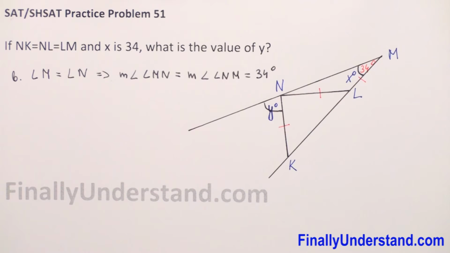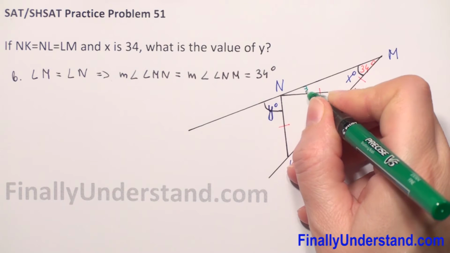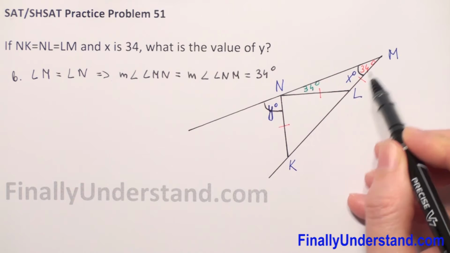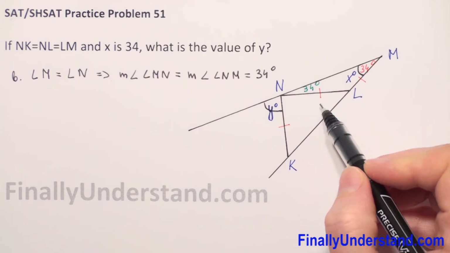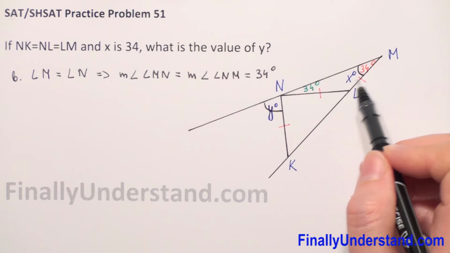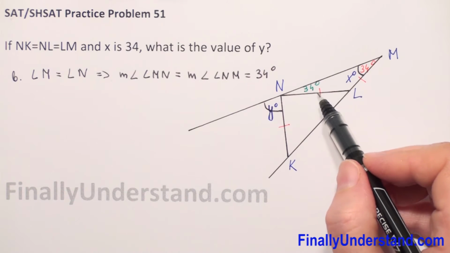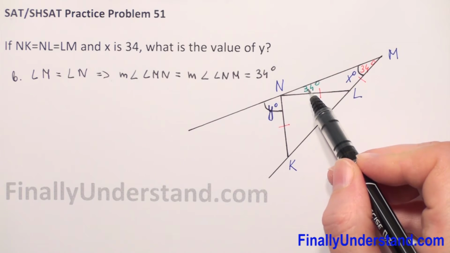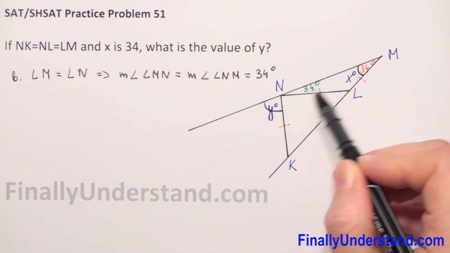So we have that this angle is also 34 degrees. Why is that? Because we have here an isosceles triangle. LN is equal to LM, so we have an isosceles triangle, so the measure of angle LMN is equal to the measure of angle LNM.